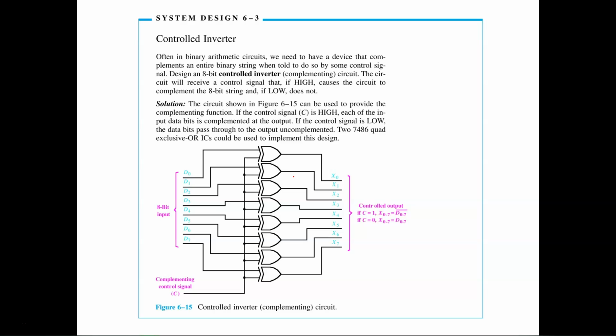Looking for a low, because the second any one of these goes high, it's going to change my output, as long as my signal C is high. However, if C is low, then what happens? Then I need to make sure that one of these is high, that these guys go high to be able to create that signal.